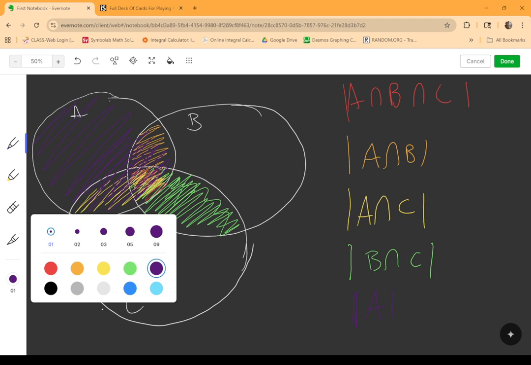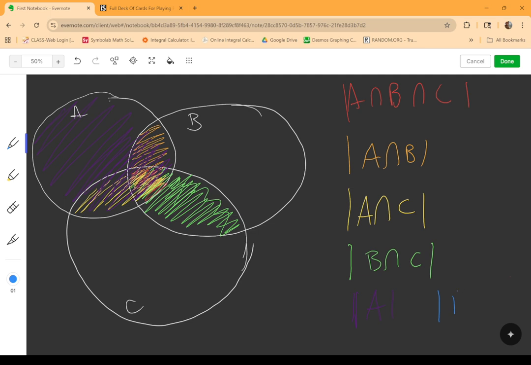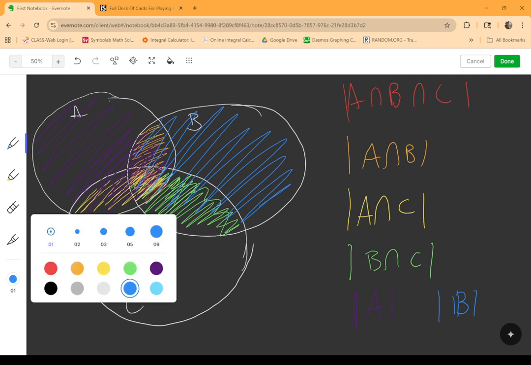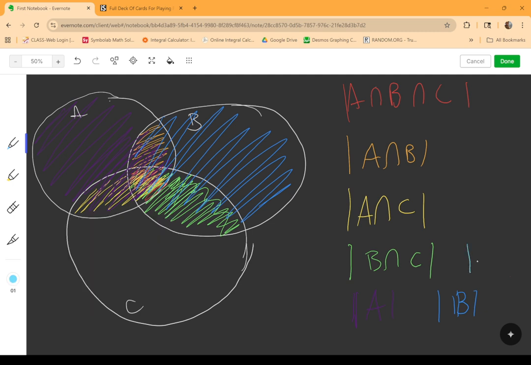And then the cardinality of B, that would be this set here. And then the cardinality of C finally, that would be this right here.